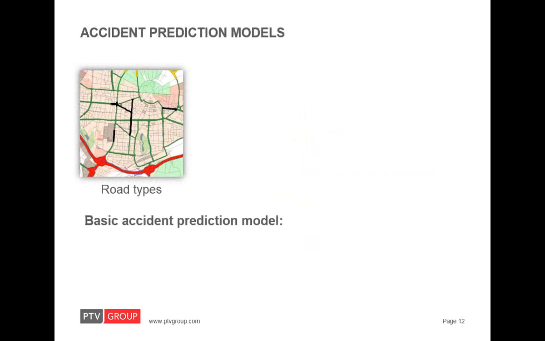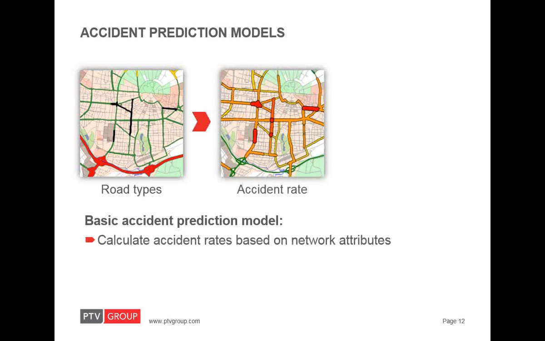Now, here in our case, the idea is we have these road types. We have to define the road types for all of our network so that all roads have one of those types. And the accident prediction model will then attribute an accident rate to each of these roads and to all intersections.